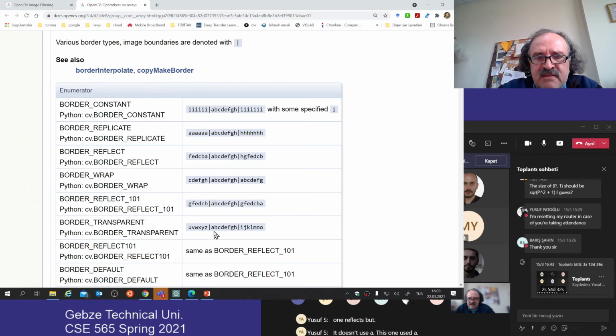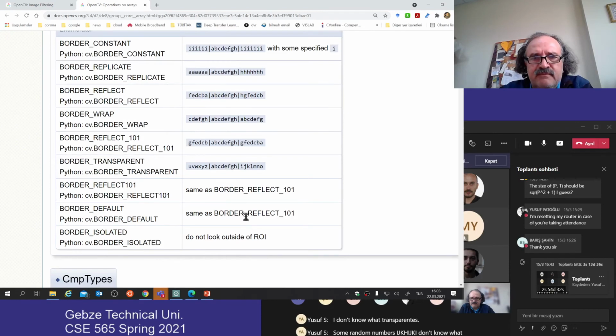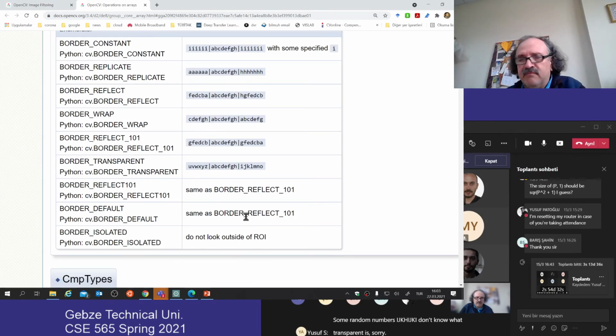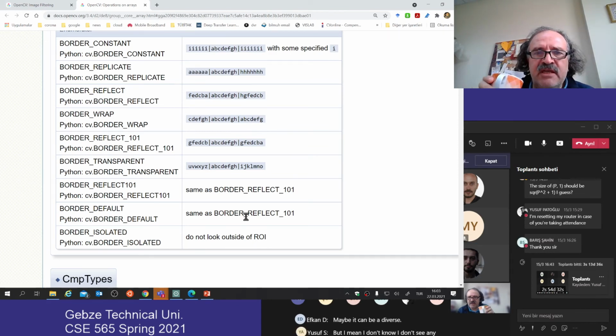Transparent means, I don't know what transparent is, sorry. Maybe it can be reverse. But I don't see anything like that.